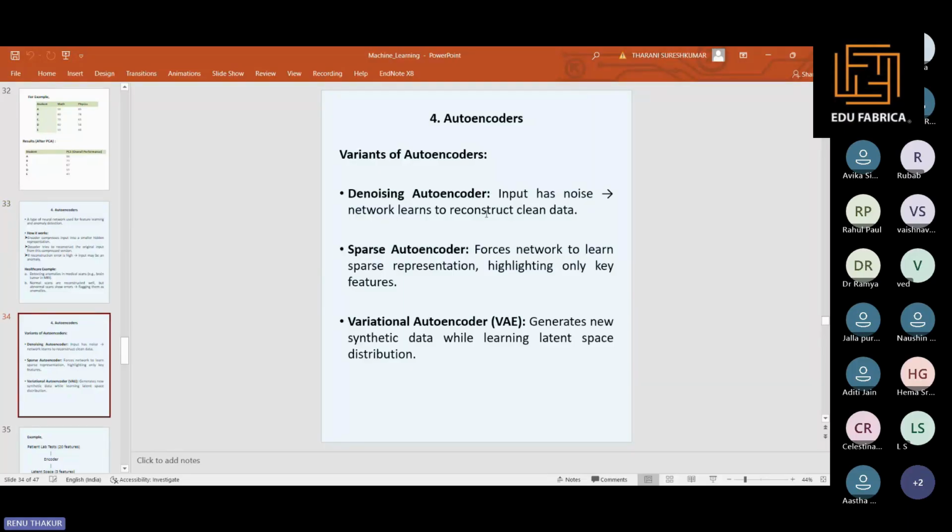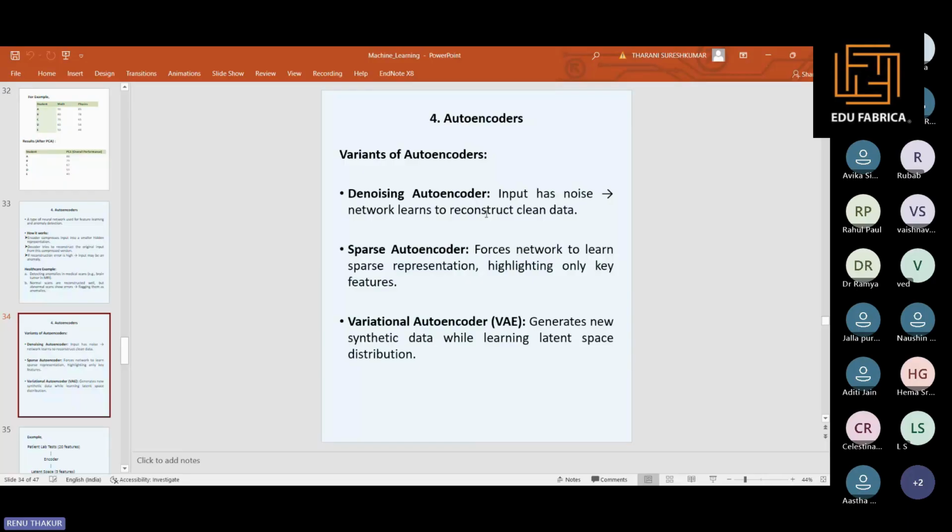The denoising autoencoder cleans it up, so the output is accurate lab data. For example, imagine a blurry MRI image. The network learns to produce a clear MRI image. So the uses of a denoising autoencoder are noise reduction, image enhancement, and improving data quality.